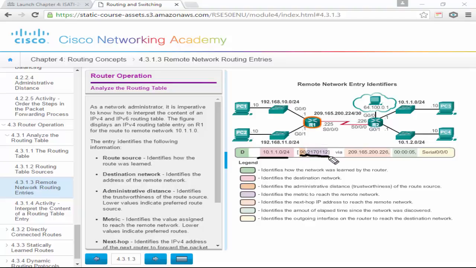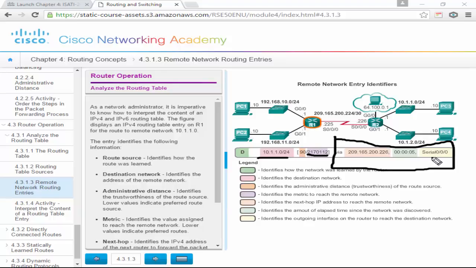Then this next number is a metric. The metrics of EIGRP are wonky and huge. A static route just puts in a metric of 1 by default, and connected, I believe, is just a 0. And then it's telling us how we got there. So sometimes it doesn't have all this information.